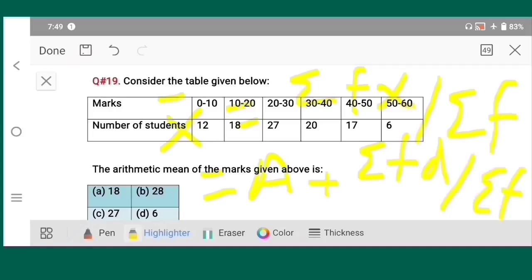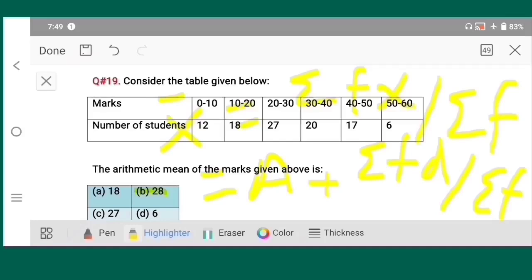What is d? d is the deviation of the observation from its assumed or supposed mean. So when you use this formula, you will get the result 28.